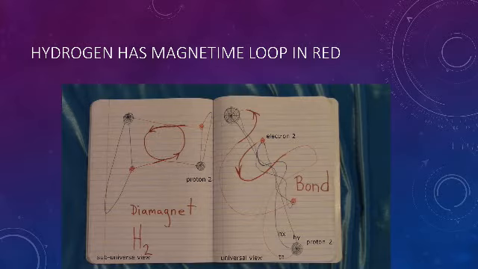this is showing the hydrogen diamagnetic representation, and it's like a flat sub-universe. There are only 2 space dimensions, so it's a flat sub-universe which you can look at from this point of view, where magnet time looks orderly, or you could look at it from our universal view on the right here, in which this hydrogen molecule H2 is bonded by a twisting, like 2 ropes twisting around each other, as we've seen before.